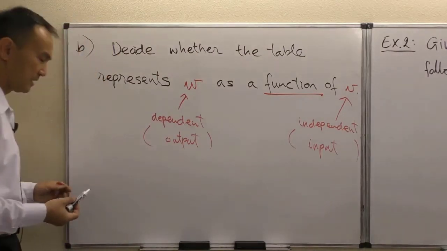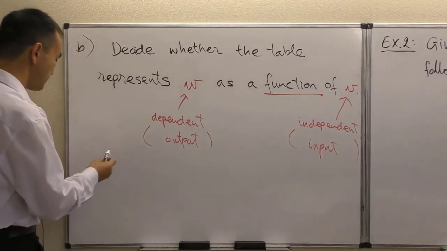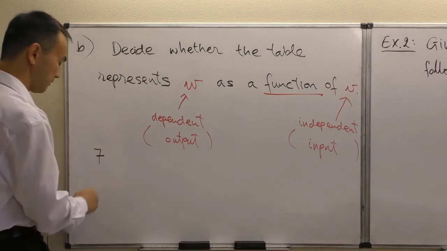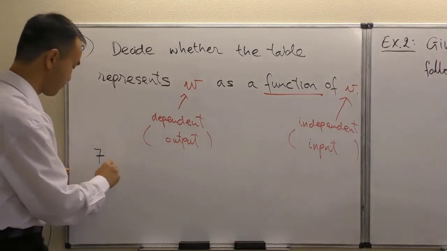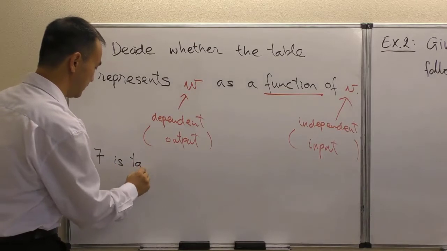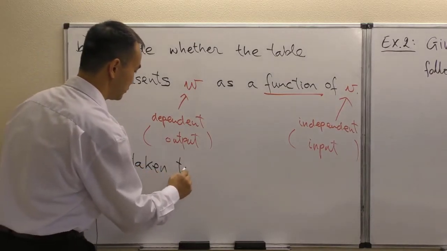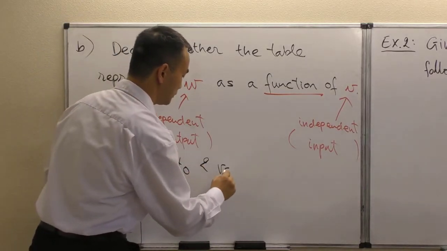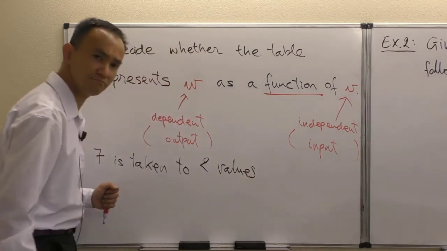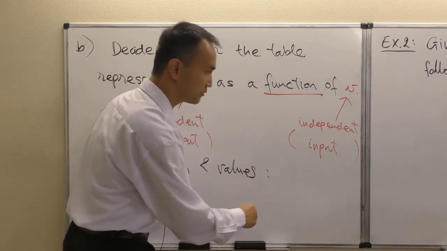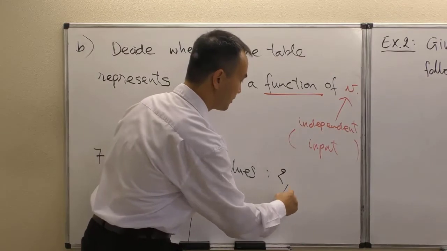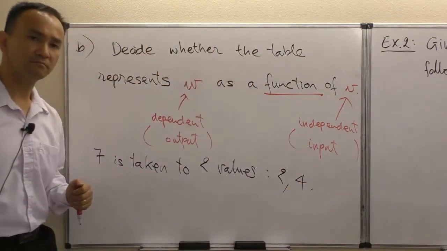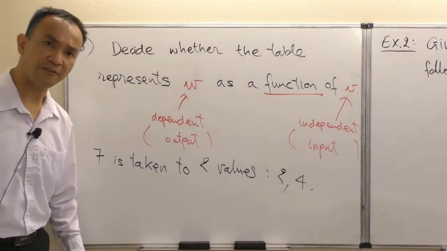You see, 7 is taken to 2 values. What are those? That was 2 and 4. So we already failed.